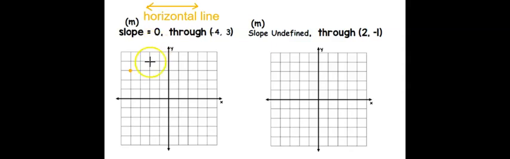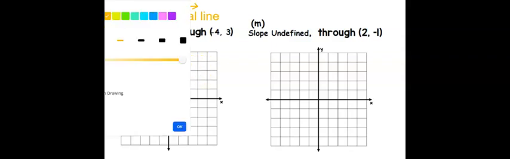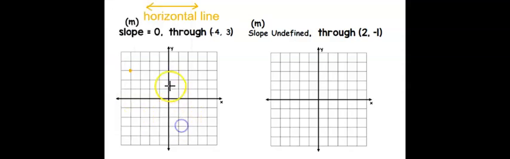It means that my y values are staying the same. They're all the same. No matter what ordered pair I decide to use to form this line, the y value will not change. So it could be here. You could have picked this point. Any point that runs through 3 on this is going to work.